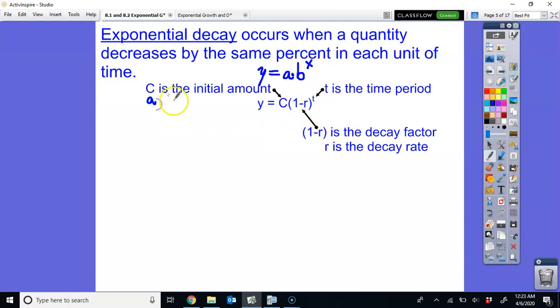Again, a or c is the initial amount, t or x is the time period, or in the case of March Madness, the round of games that you're looking at. And then 1 minus the rate is what we call the decay factor. The r being the decay rate, again as a percentage that you need to change to a decimal before you use it in a real life context.